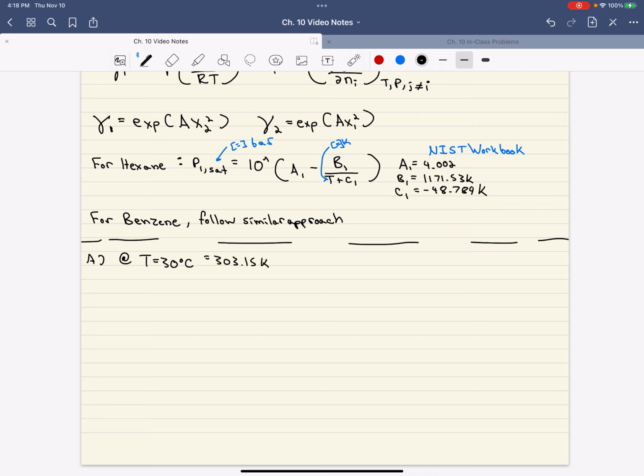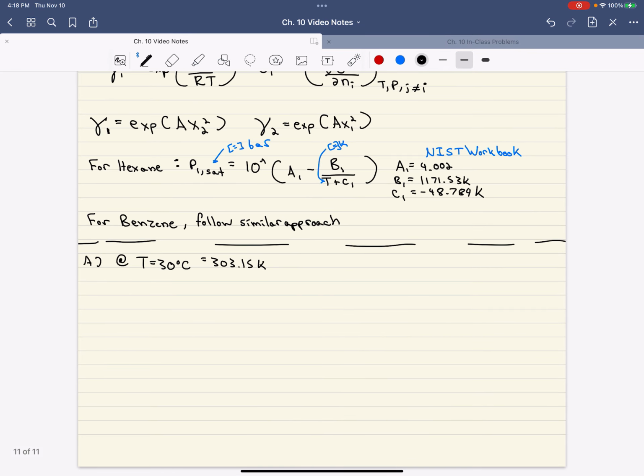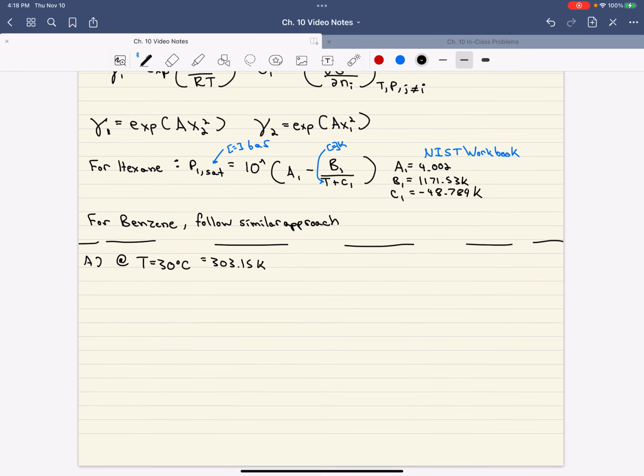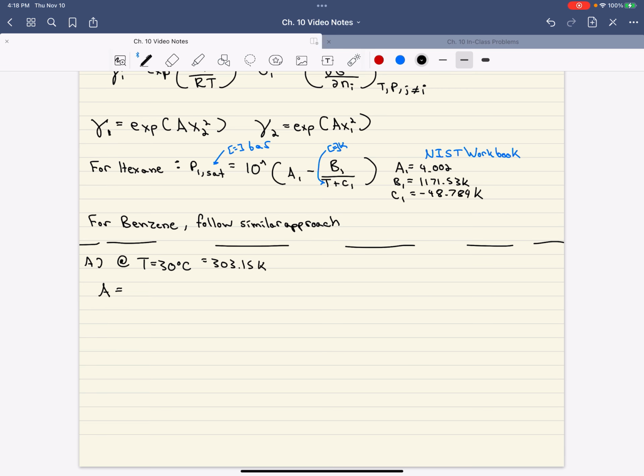303.15 K. All right, and since we know the temperature, to do this bubble point calculation, we're now going to account for the non-idealities, and so we want to use our gamma 1 here. But to use gamma 1, we need to know what A is. So the first thing we need to do is calculate A at this temperature.